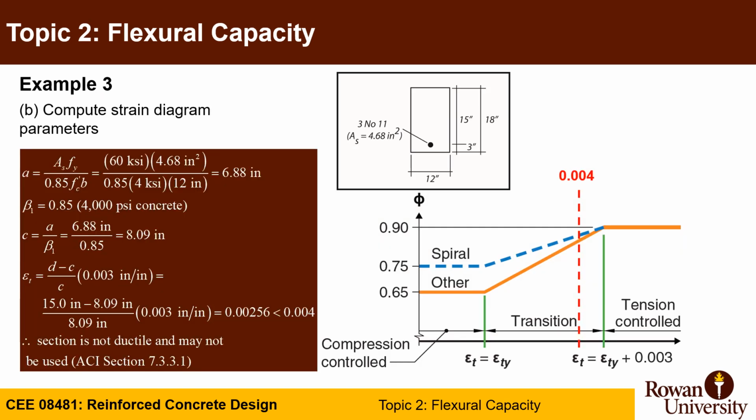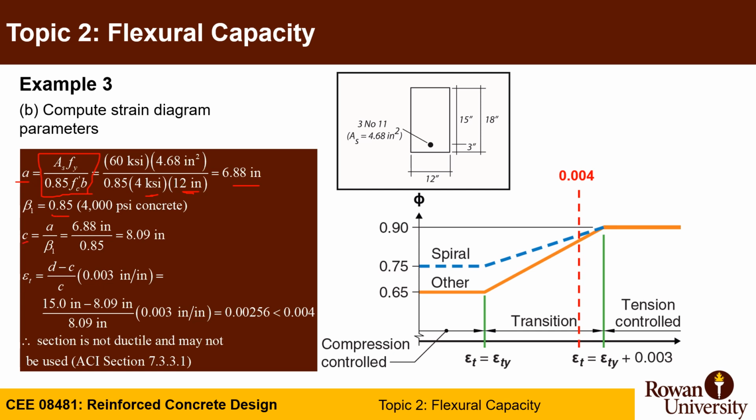So we need to recalculate a for this cross section using As fy divided by 0.85 f'c b, and this is going to be 60 times 4.68 divided by 0.85 divided by 4, which is f'c, divided by 12, which is b, give you a of 6.88.